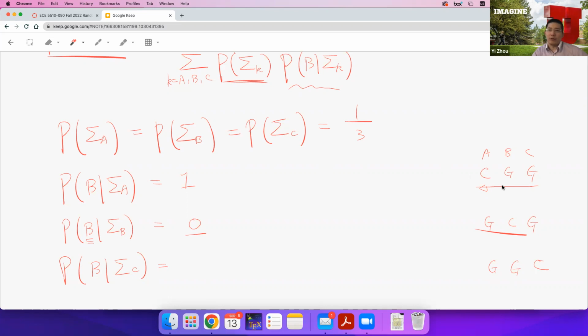So given this assignment of gifts, what is the probability that the host will reveal B with a goat behind it?